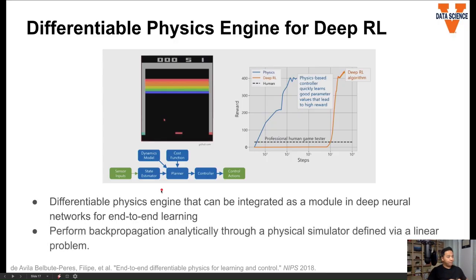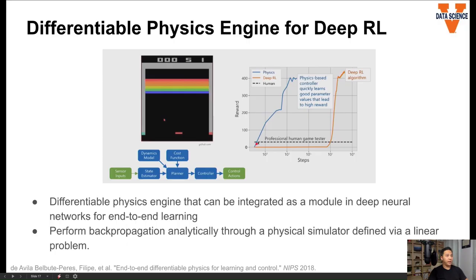And if this physics engine has differentiable functions, on which you can perform backprop analytically, defined by a linear problem, you might be able to improve the performance of the network using a lot less training, right?